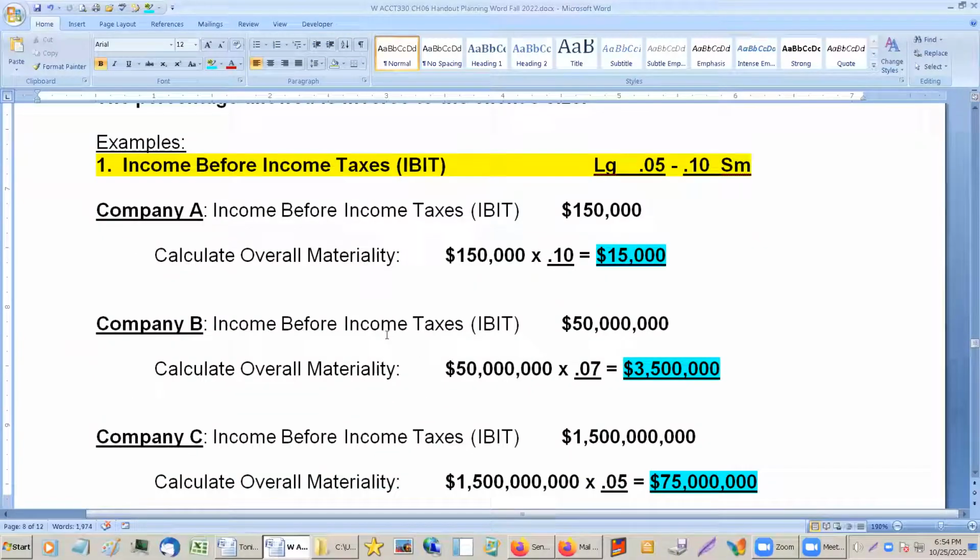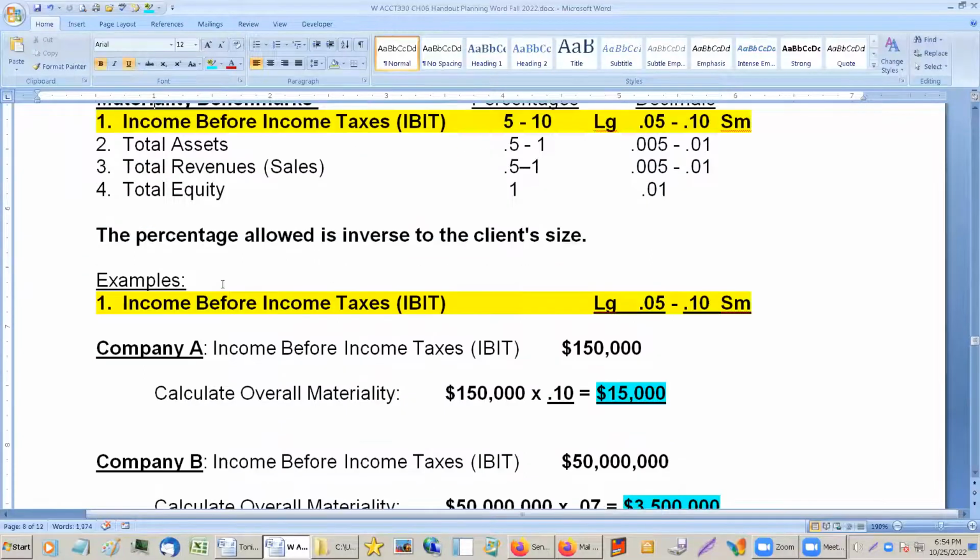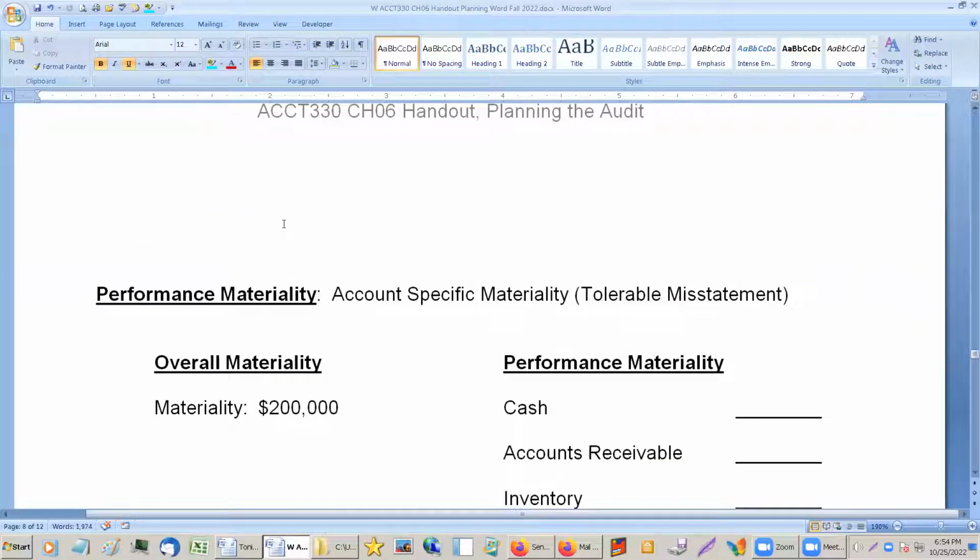So you go, okay, let's look at the assets instead, or something a little more stable, or total sales rather than income. Even though the income might be really low, the sales might be a good way to figure out the materiality. So it really depends on the company and what kind of position they're in, and it is a judgment call, even when you use these benchmarks, which ones you should use.